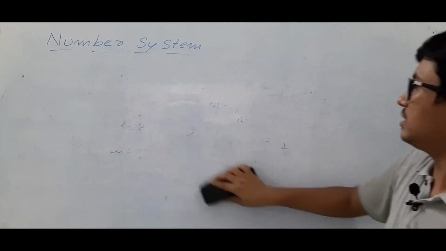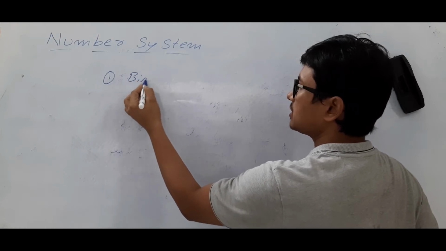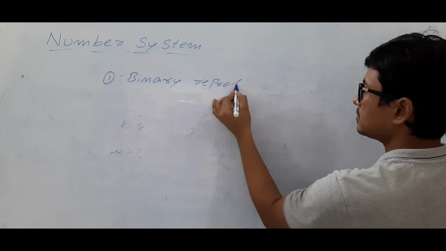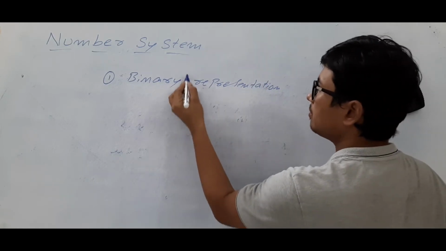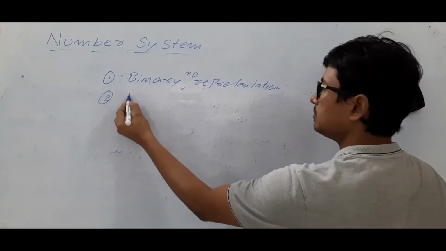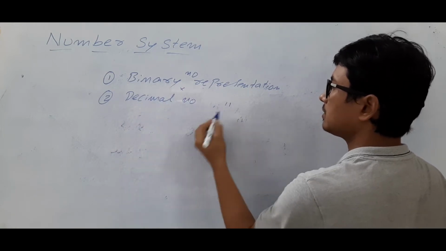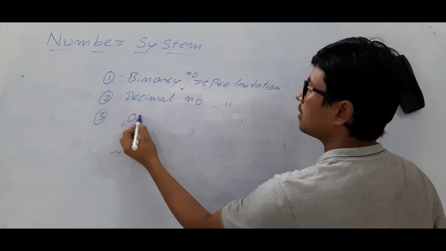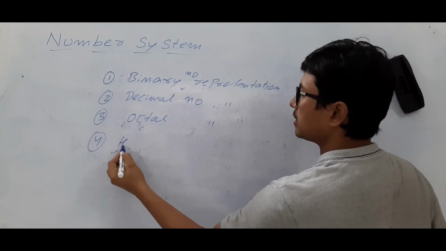The first one is the binary number representation. Then we have the decimal number representation, then the octal number representation, and then the hexadecimal number representation.